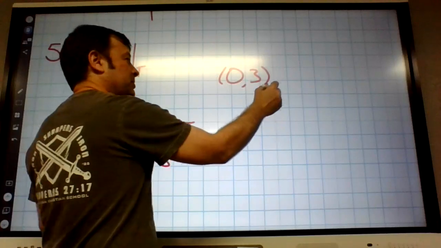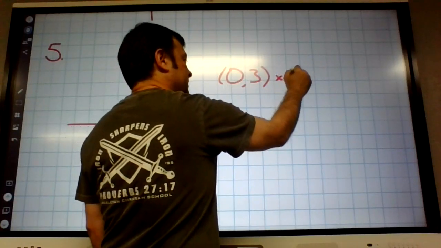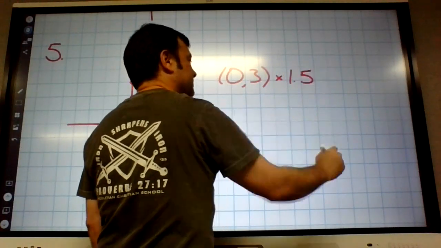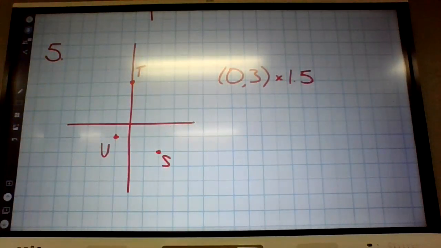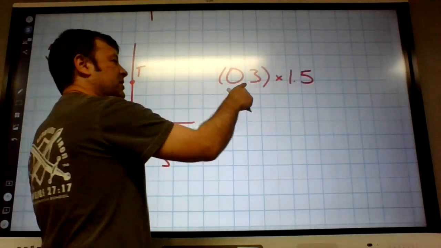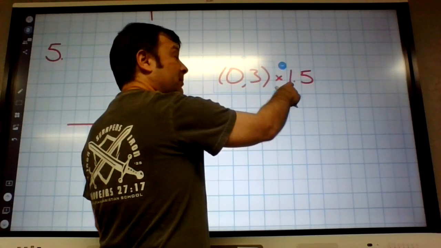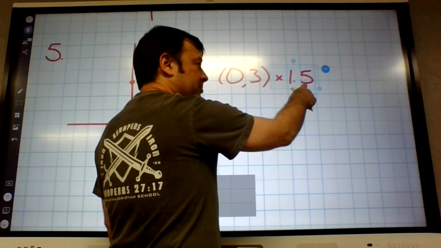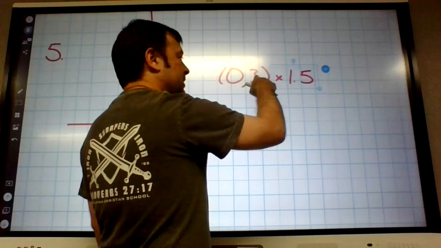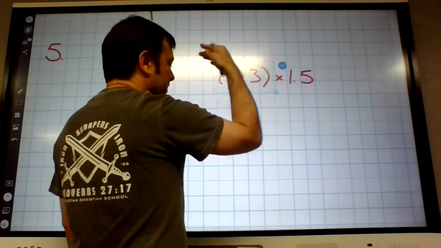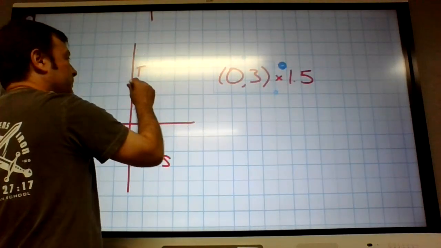You guys know where it would be if we did 1.5 for the dilation? 4.5? Yeah. It seems like you're adding, but you're not adding. Multiplying by 1.5 is like multiplying by 1 plus multiplying by 0.5, so it's like 3 plus half of 3. Anyway, it does come out as 4.5.